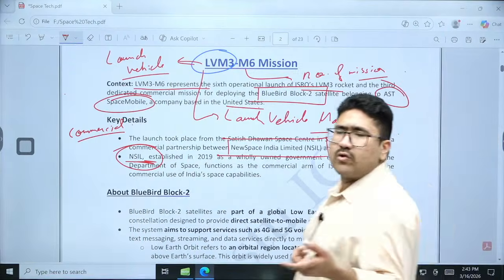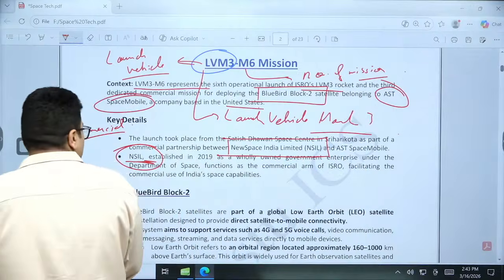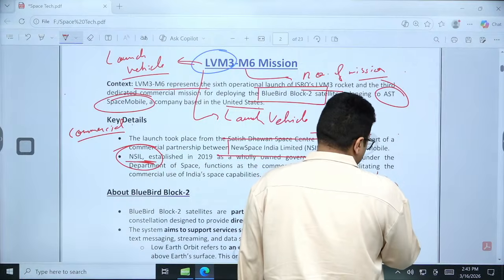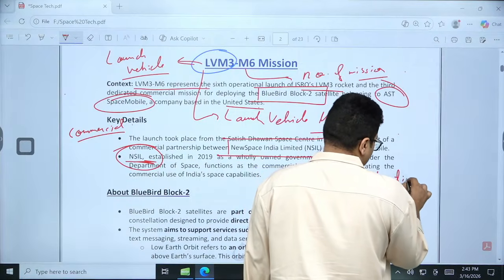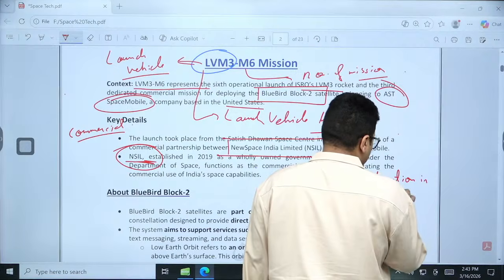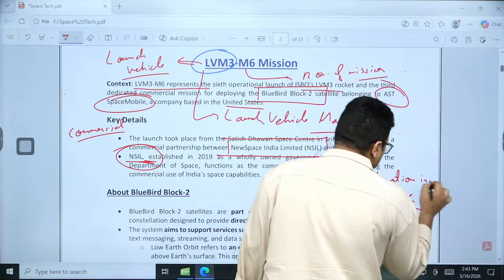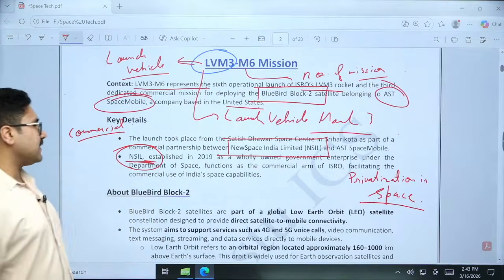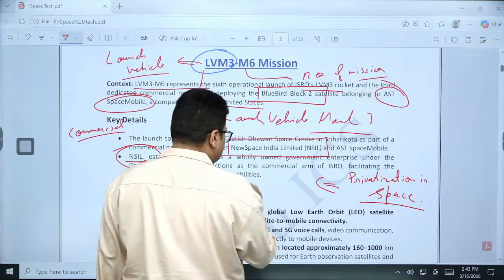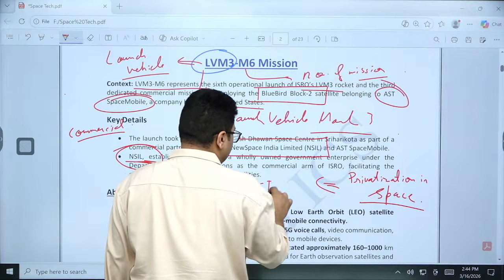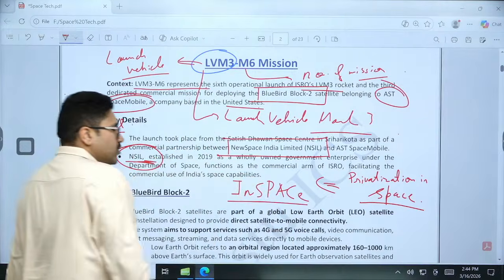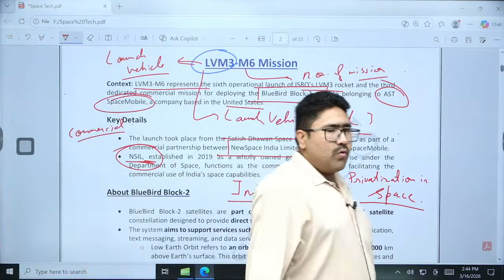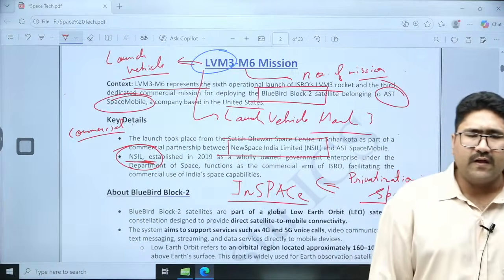Similarly, when we want to increase the privatization of the space sector, the privatization of the space sector is the responsibility of another body known as IN-SPACe. So there are two different bodies, one is NSIL, another is IN-SPACe.